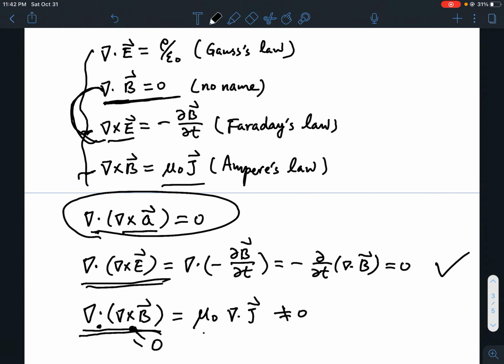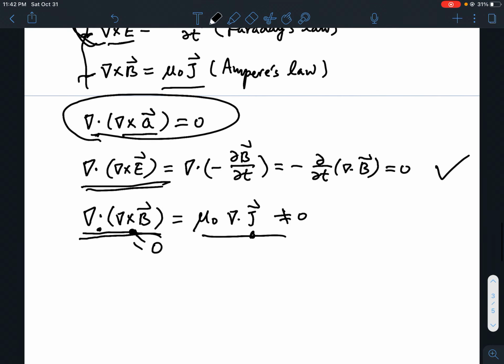But this one may not really equal 0. It really depends on the current that we have. So in other words, there is some inconsistency in the four equations around that time.